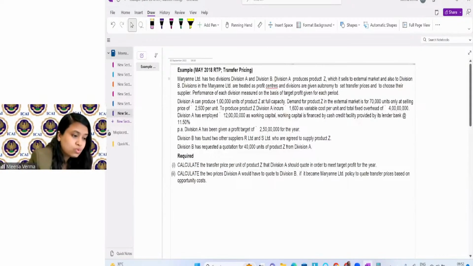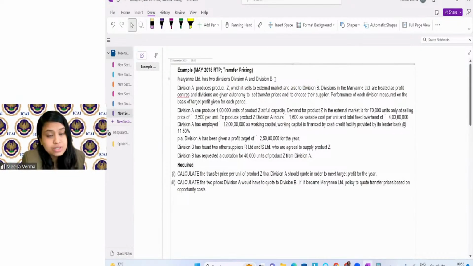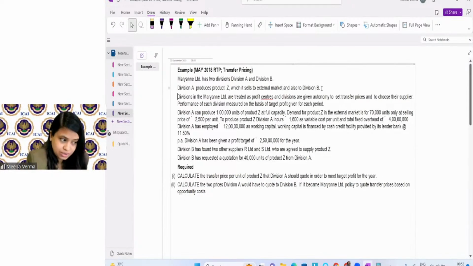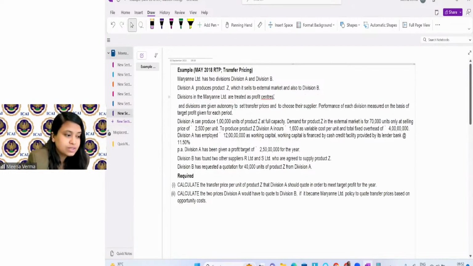So whatever units they are producing, they are selling in the external market, and also transferring to Division B. Divisions in Mariani Limited are treated as profit centers. Achha, they're treating themselves as profit centers, and divisions are given autonomy to set the transfer pricing.